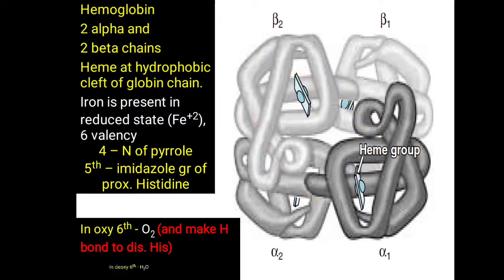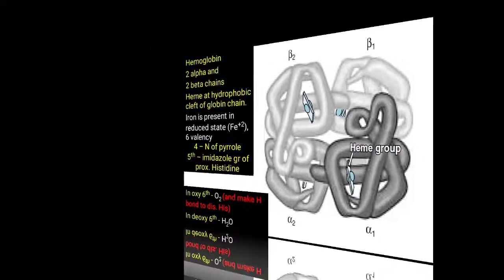So what happens in the deoxy form? In the deoxy form, the oxygen is removed and instead a water molecule is present, between the iron and the distal histidine residue. So you have to remember that an oxygen or water molecule will be present with the help of the ferrous state of the iron.